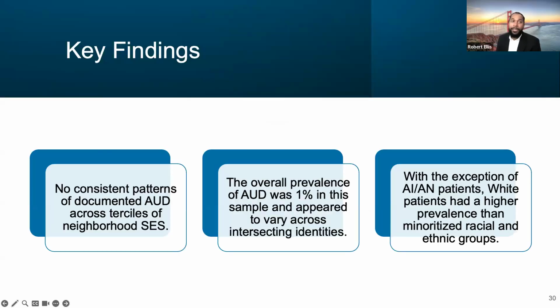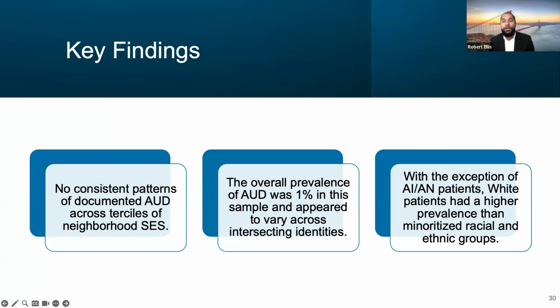And so some of the key findings, just to wrap this aim up, is there were no consistent patterns across terciles of SES within subgroups of race, ethnicity, and sex. The overall prevalence of AUD was 1%, and it varied across intersectional race, ethnicity, and sex and terciles of neighborhood SES.